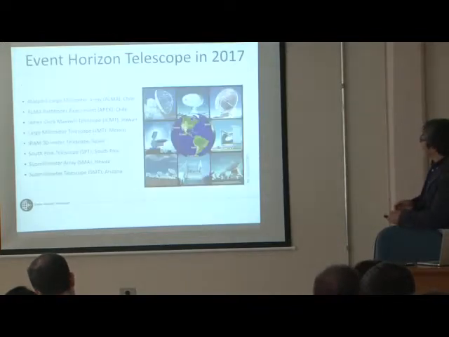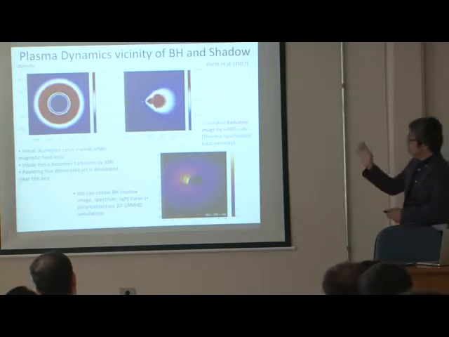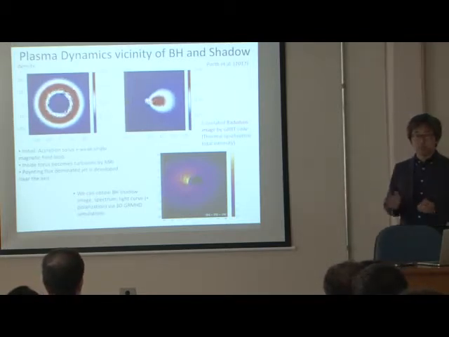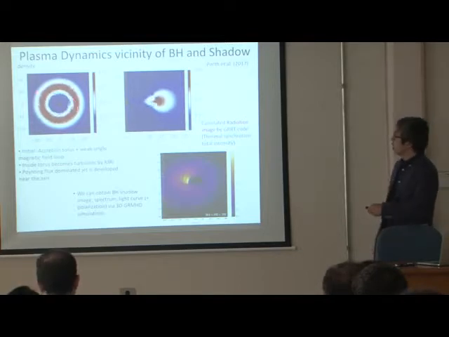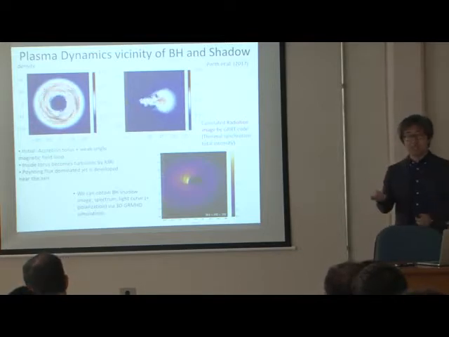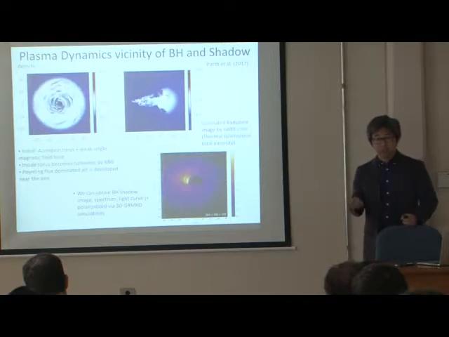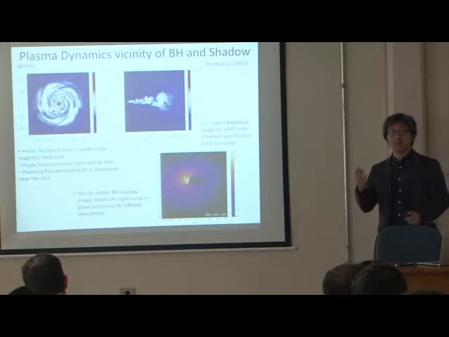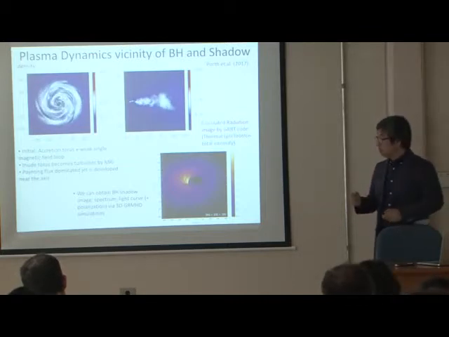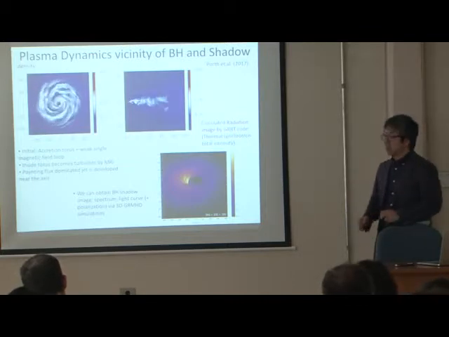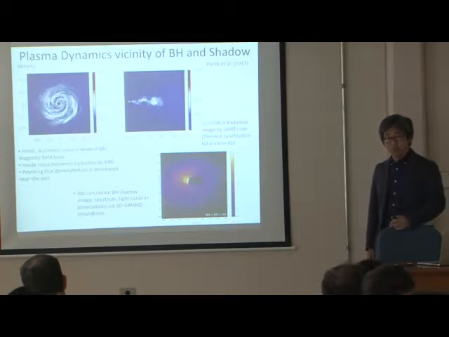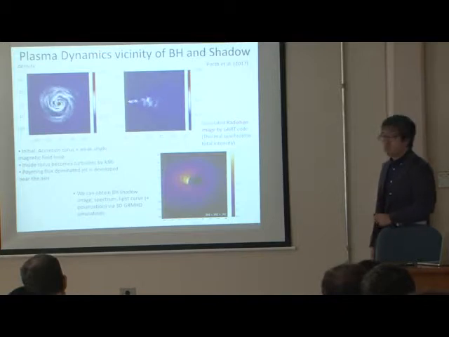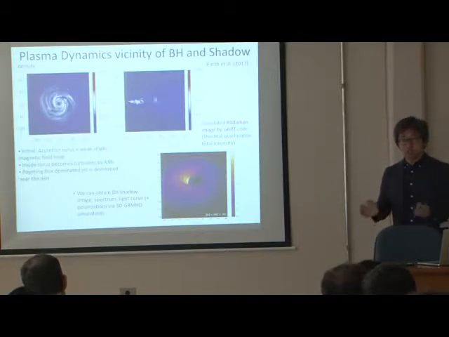Maybe it's easier to explain here. This is a fully general relativistic magnetohydrodynamic simulation we can do. So we can handle the fluid information like density, velocity, and magnetic field locally. But based on this information, we also need to calculate the radiation. Here we can assume synchrotron emission, but we still need to think about the electron distribution.